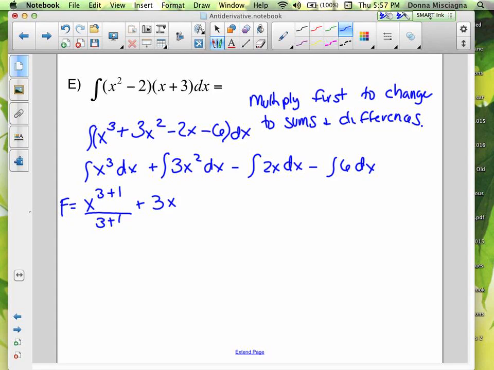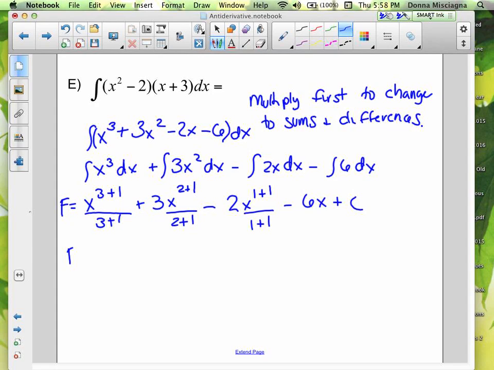I think I'll just factor it out as I take the integral of the x squared part, just to save myself a step. So plus 3 times x to the 2 plus 1 divided by 2 plus 1 minus 2x to the 1 plus 1 divided by 1 plus 1 minus 6x plus c.